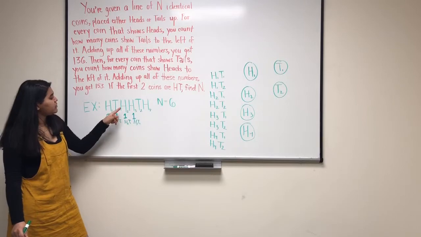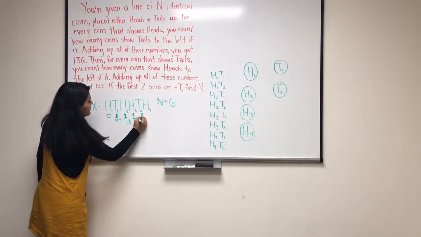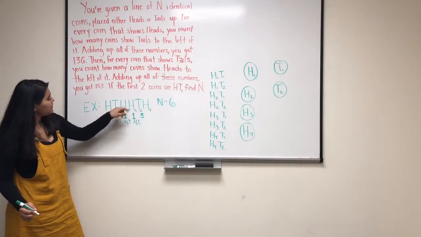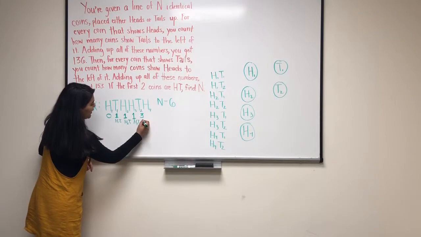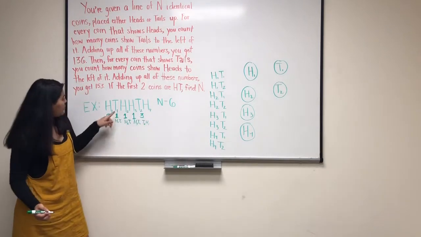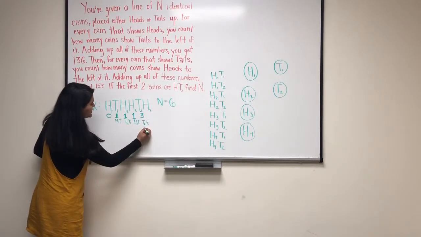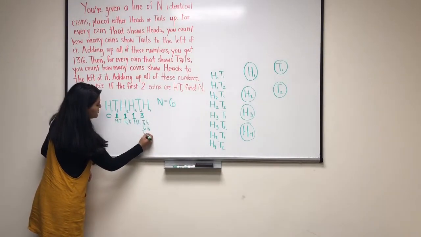H1, H2, and H3. So its score is 3. And how exactly did it get the score of 3? Well, 1 from H1, so I'm going to write the pair T2, H1. 1 from H2, so T2, H2. And the last one from H3, so I'm going to write T2, H3.